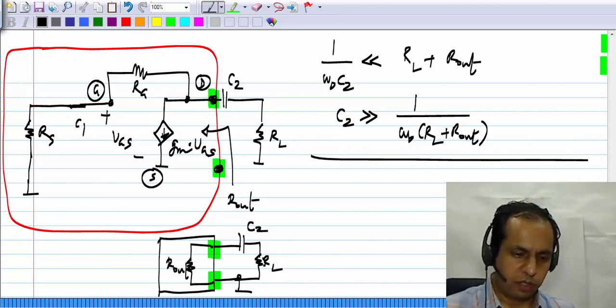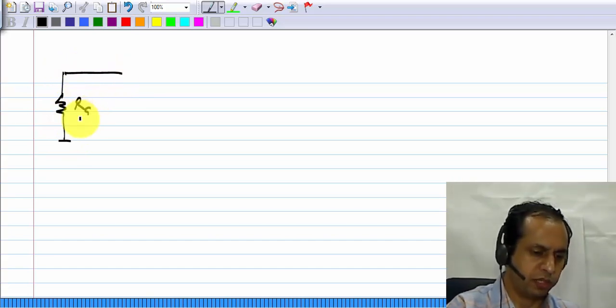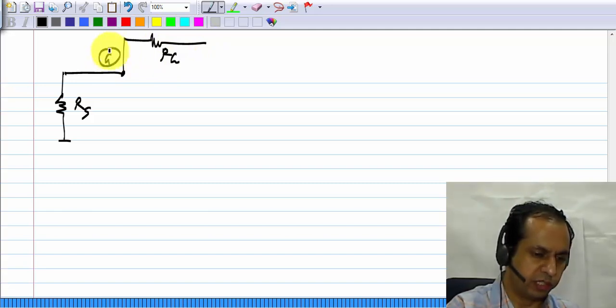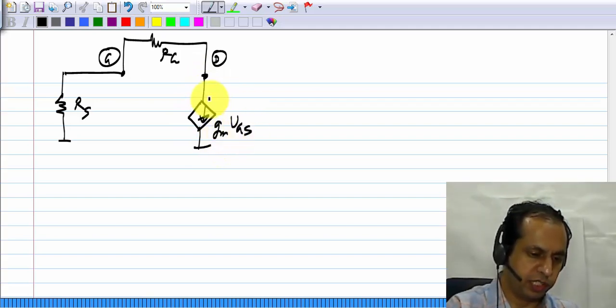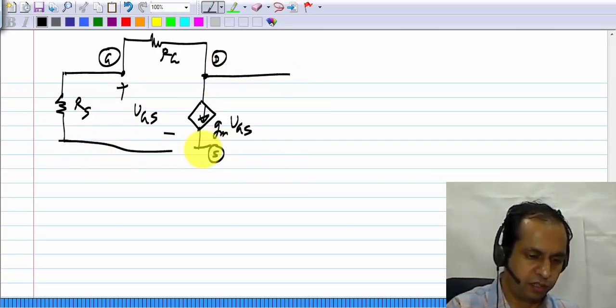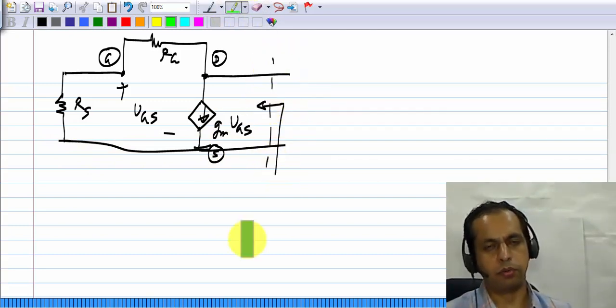So what is the value of R out? Again, very easy to compute. We have RS here and RG between the gate and the drain of the MOS transistor, the control source gm VGS, this is VGS, this is the source terminal, and we are trying to find the resistance between the drain node and ground.